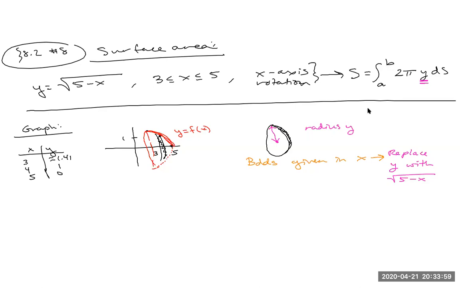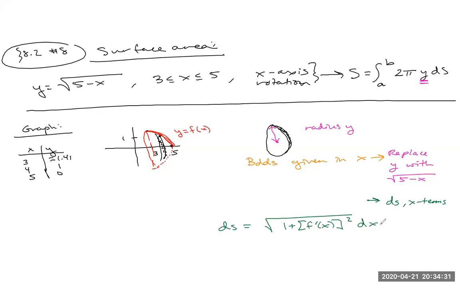And that also means for ds, we want x terms. So ds will be the square root of 1 plus f prime x squared dx. And that's the part that is going to take us a little bit.